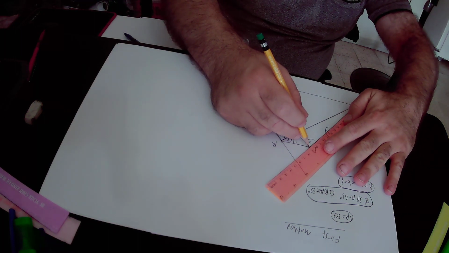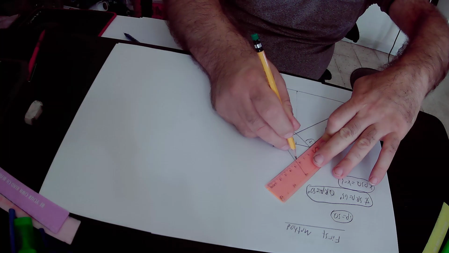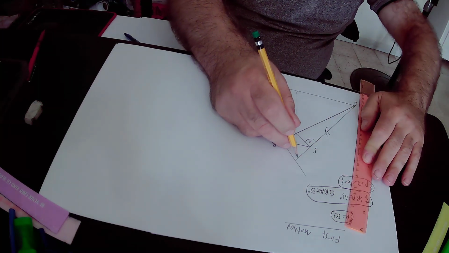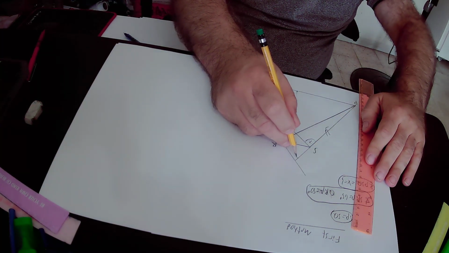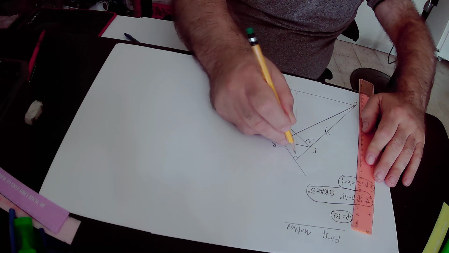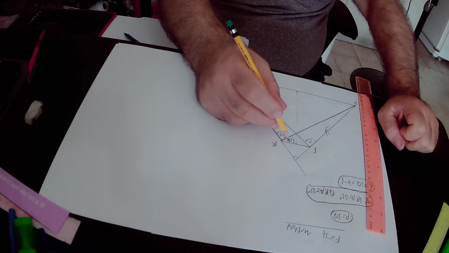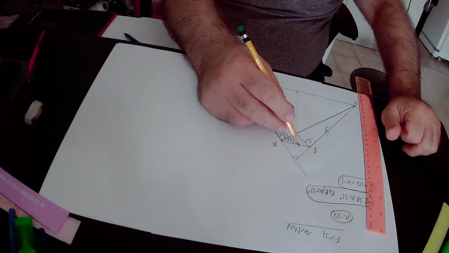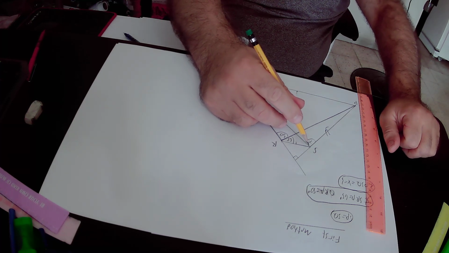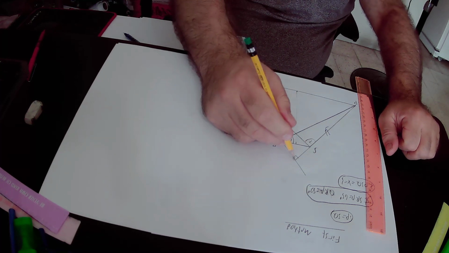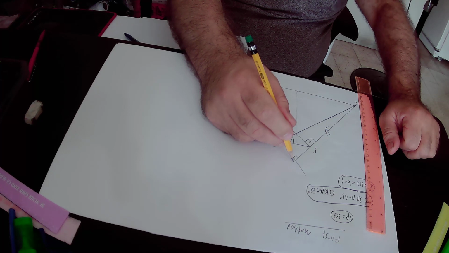So this angle will equal 90 degrees. It is a right angle, and we will define the touching point of the perpendicular from point S as N.